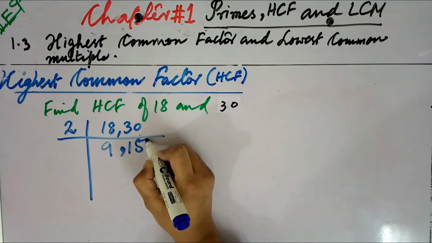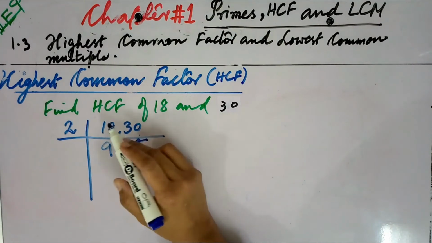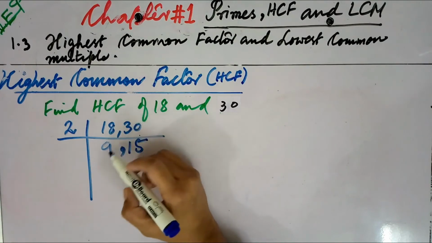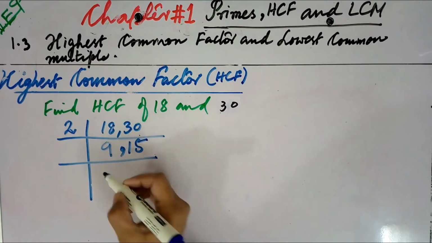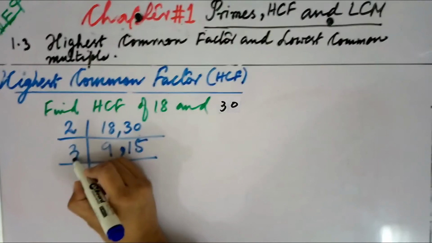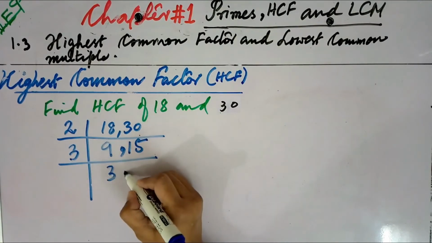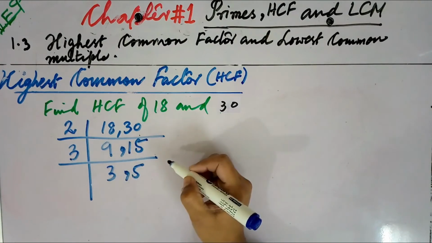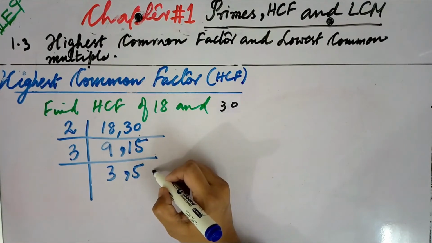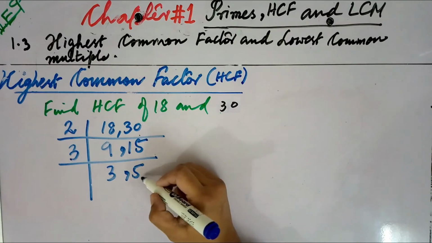Actually we are dividing both the numbers by 2 to get 9 and 15. Now we will divide both the numbers by 3 because they cannot be divided by 2. So that would be 3 3s are 9 and 3 5s are 15. We will stop dividing when there is no common prime factor between them.